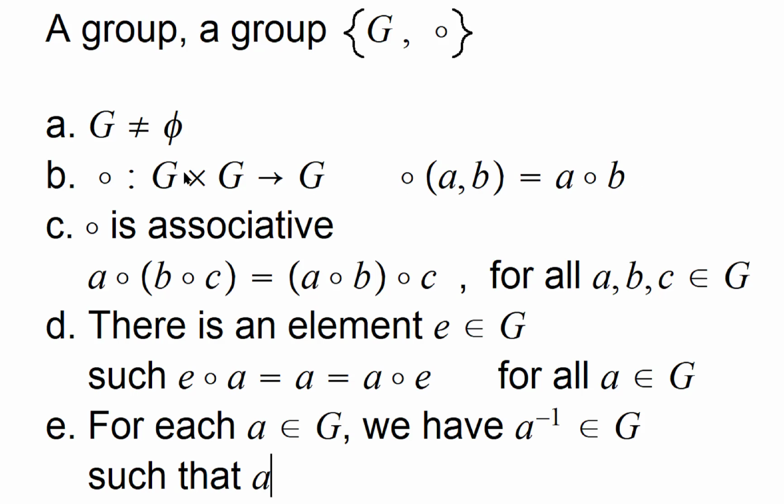That was just to stress that if I take any two elements and combine them via this operation, the result should be in G. So A combined with A inverse is E, and we are calling it A inverse. If we have numbers with multiplication, then inverse will be the reciprocal in that case. But in general, it will not be.